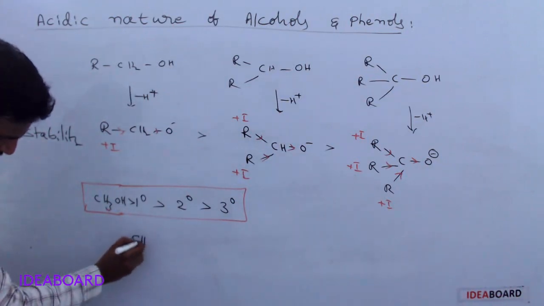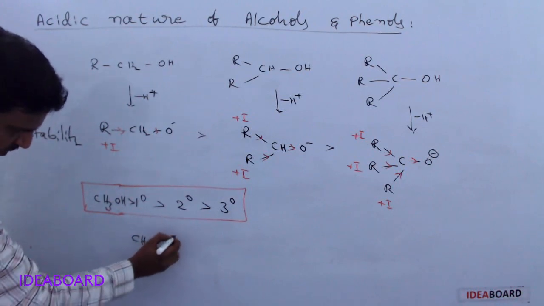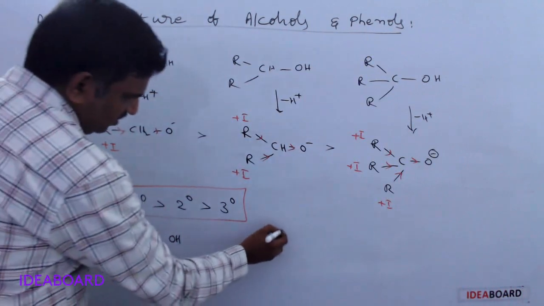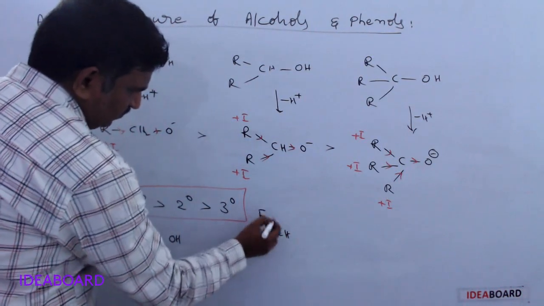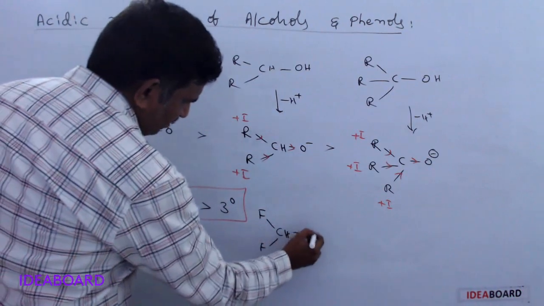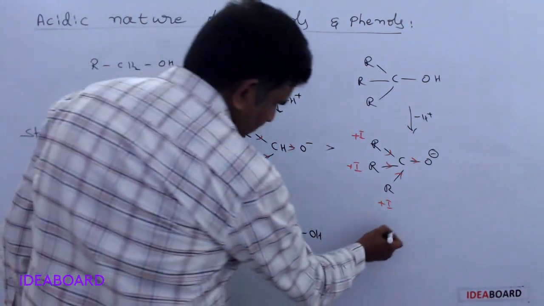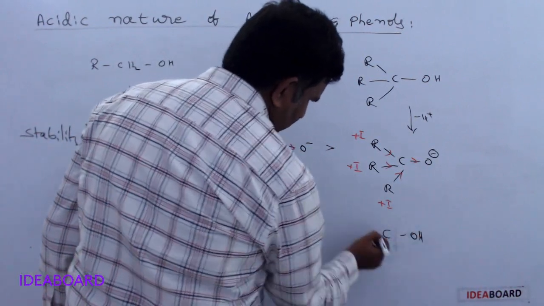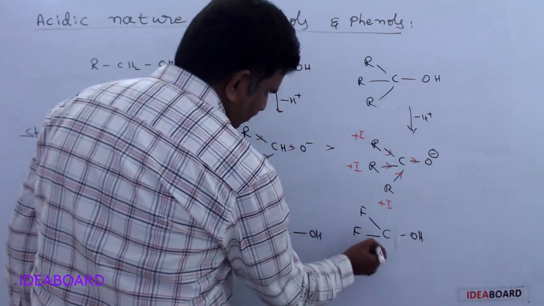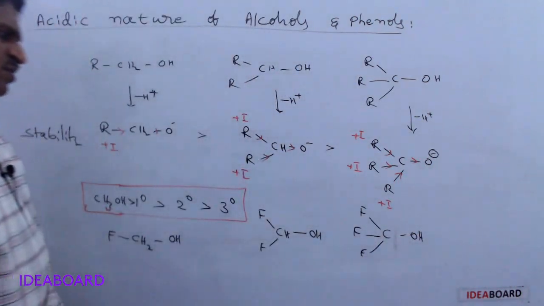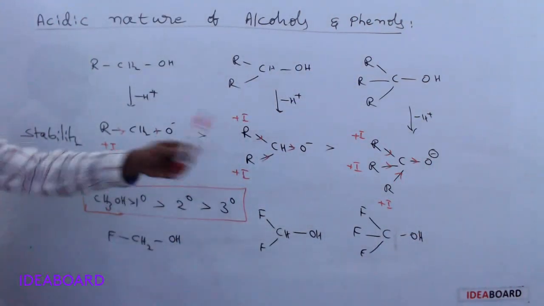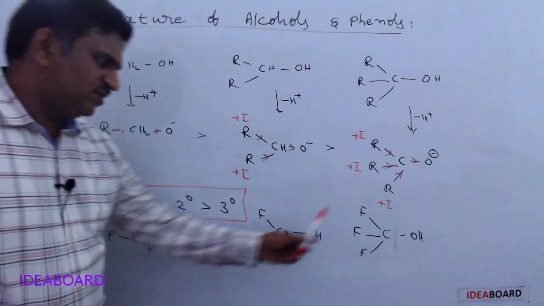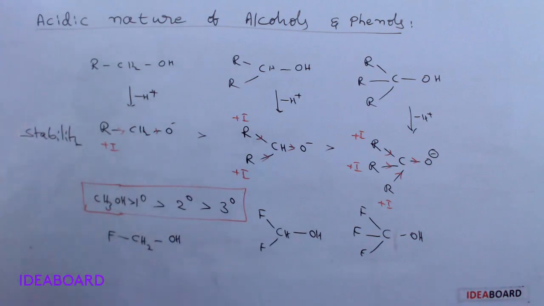Suppose you have CH2FOH, and here CHF2OH, and here CF3OH, with fluorine atoms present. Among these three alcohols, which is more acidic?